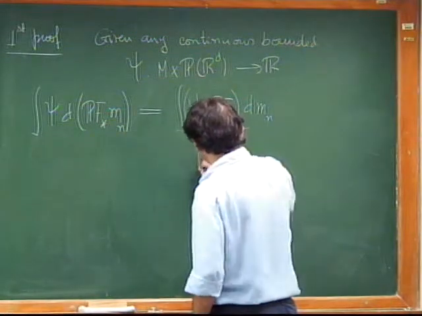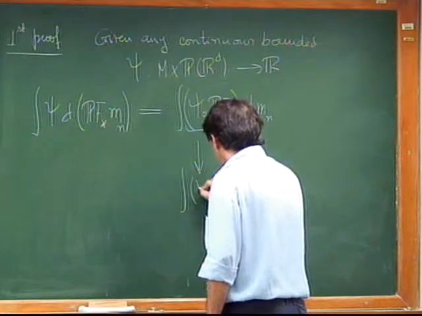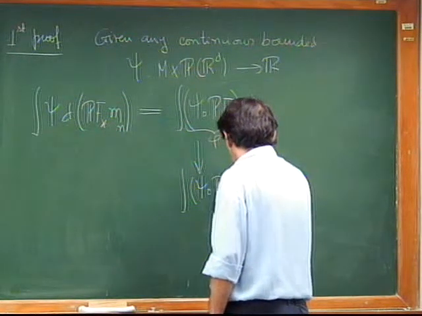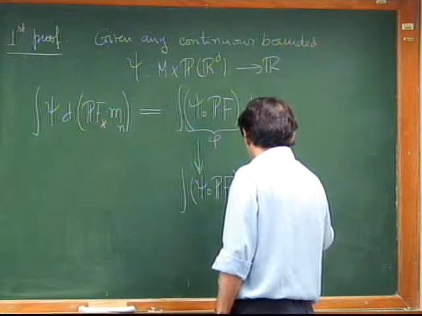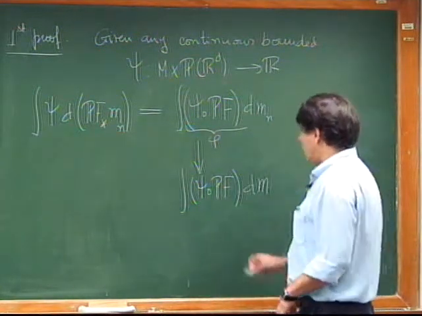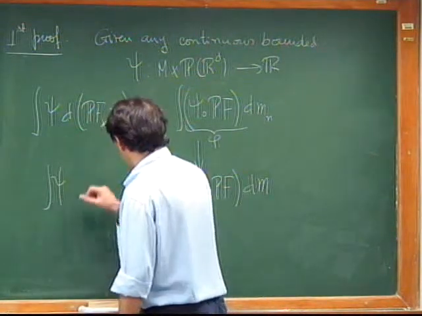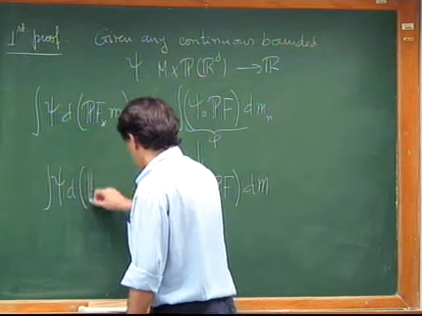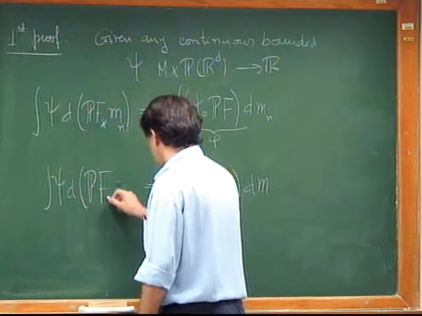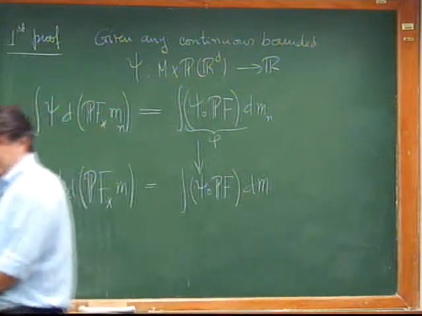The assumption tells me that this converges to the integral of phi with respect to m, and then by definition this is the integral of psi d pf star m. End of the first proof.